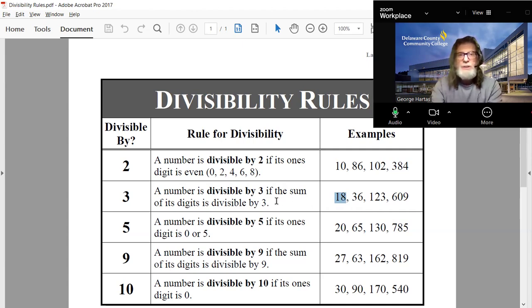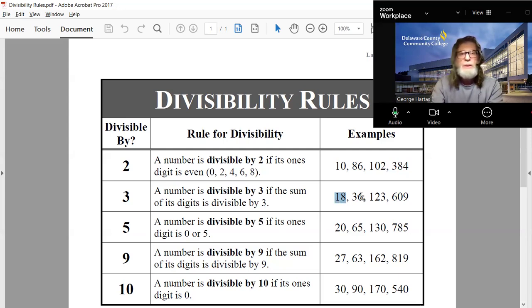Then we ask ourselves, can 3 divide into 9 evenly? And the answer is yes, it does, because 3 times 3 is 9. So if the sum of the digits, which is 9 for this example, is divisible by 3, then automatically 3 divides into the original number evenly with no remainder.